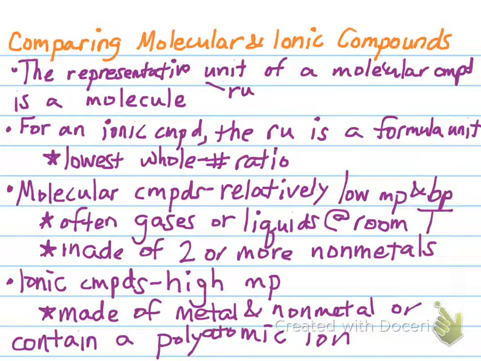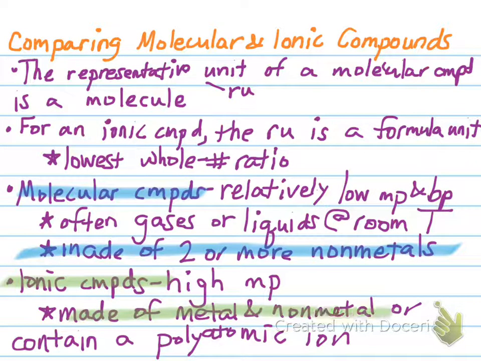And so those differences are going to be really important to us, because we're going to discover as we move into Chapter 6 that there are different ways we write formulas depending on whether a compound's molecular or ionic. And there are different ways that we name the compounds depending upon whether the compound's ionic or molecular. So this here, that molecular compounds are made of two or more nonmetals, and that ionic compounds are made of a metal and a nonmetal or contain a polyatomic ion, is going to be super important that you recognize and know as we move forward.